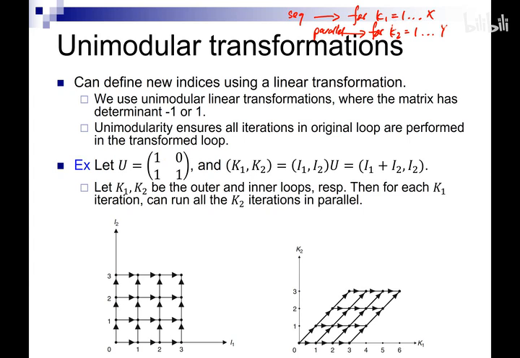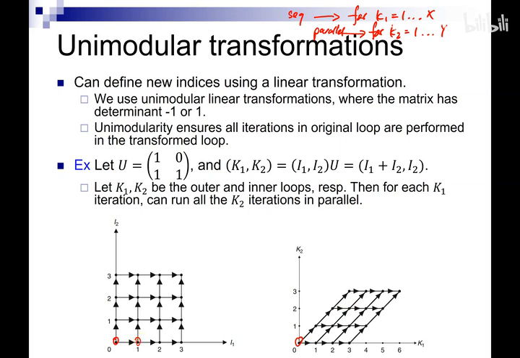The way it works is that if you start with an iteration I1, I2, then what is actually being done in iteration k1, k2 corresponds to what was done in, for example, this iteration over here.